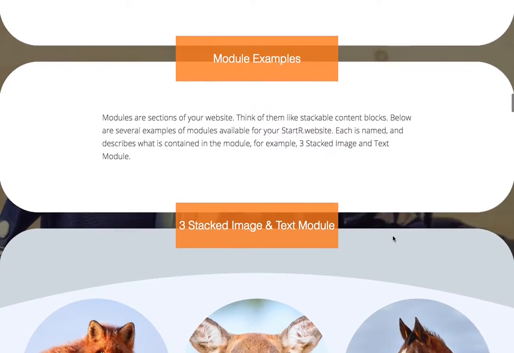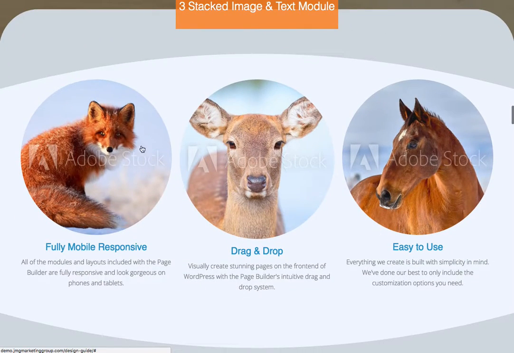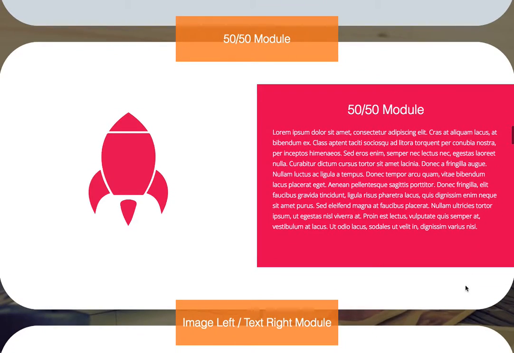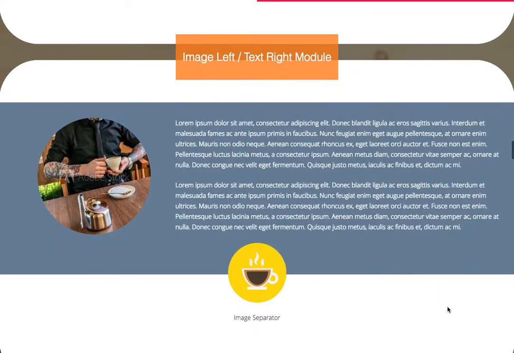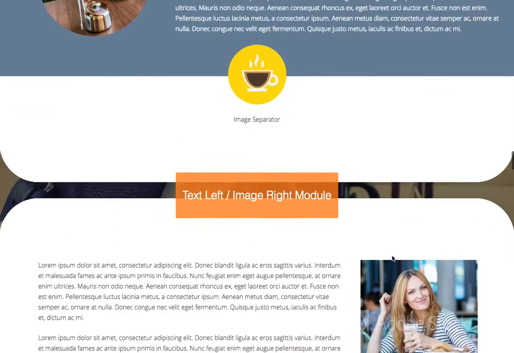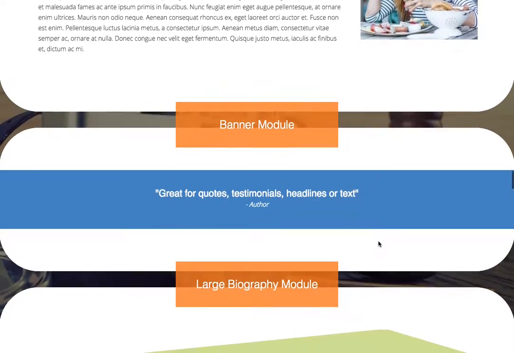And we come down here to all of the module examples. So here is the stacked images with a curved separator. Here's the 50/50 module. Here's where we have an image on the left and the text on the right with an image separator. Here's the text on the left and the image on the right.